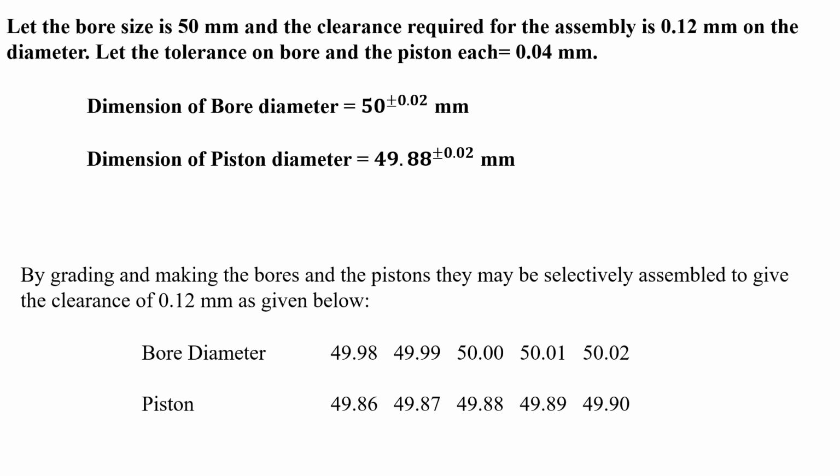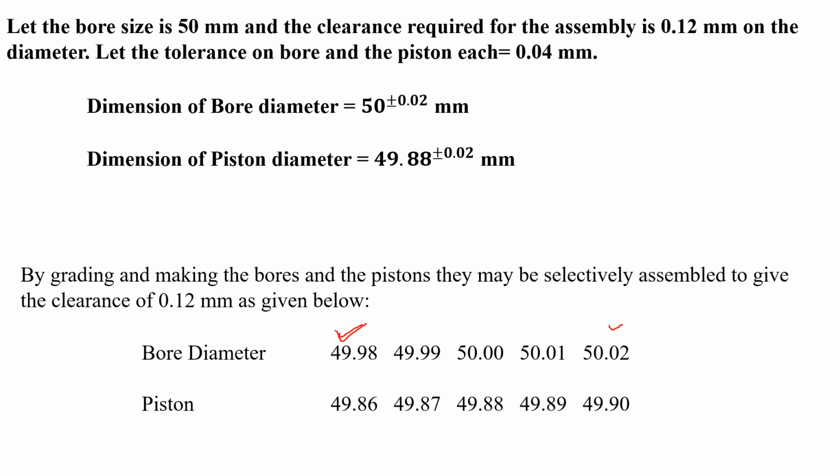For example, for the bore, the upper limit is 50.02 and the lower limit is 49.98. Between these sizes, we make groups, which means all the bores having diameter 49.98 form one group.